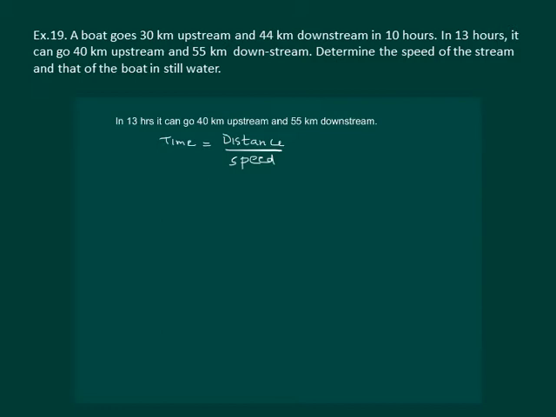Time taken to travel 40 kilometers upstream will be 40 by x minus y, and 55 kilometers downstream will be 55 by x plus y, and the total time taken for 40 kilometers upstream and 55 kilometers downstream is given as 13 hours. So we reach equation 2.